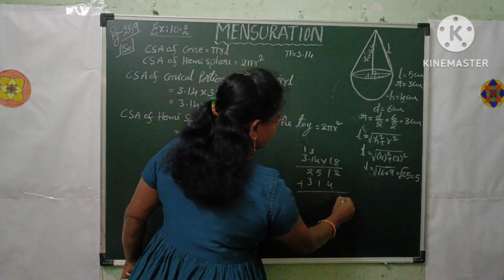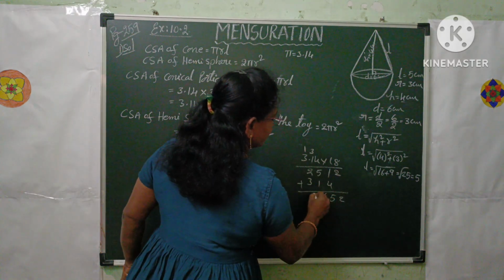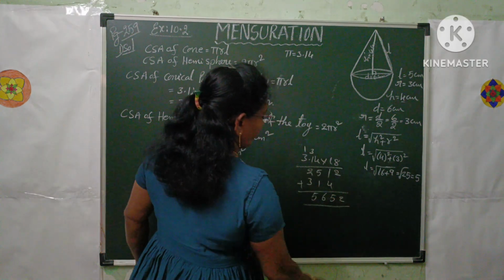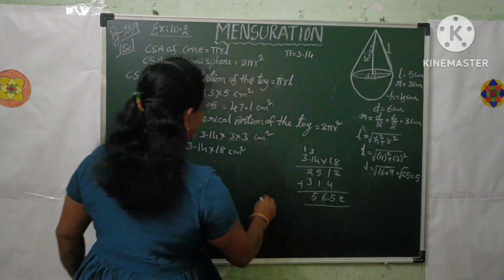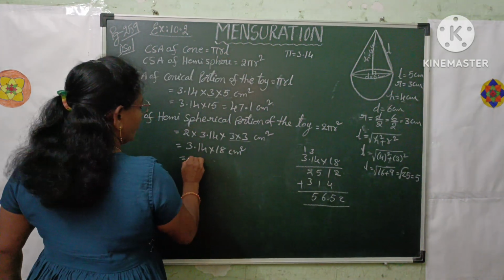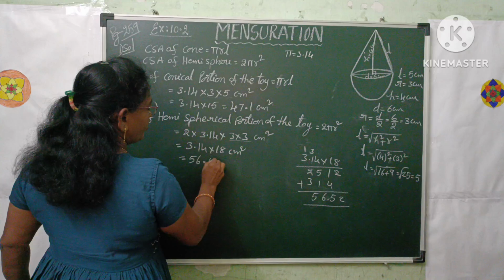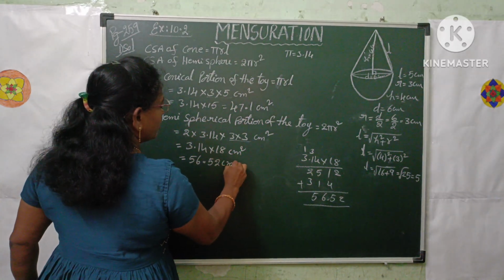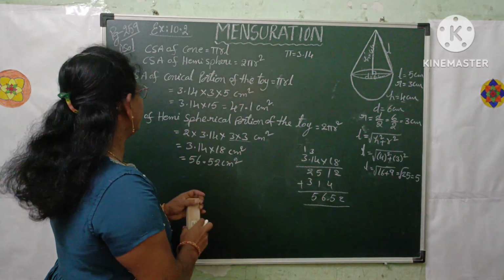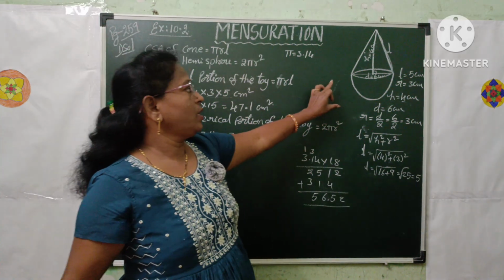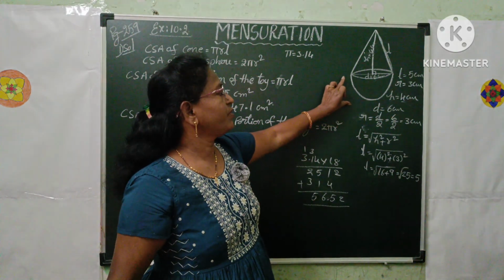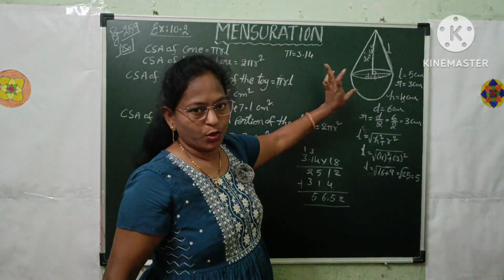Now we add this. Is it correct? Yes, that is equal to 56.52 centimeter square. This is the surface area of the hemispherical portion.